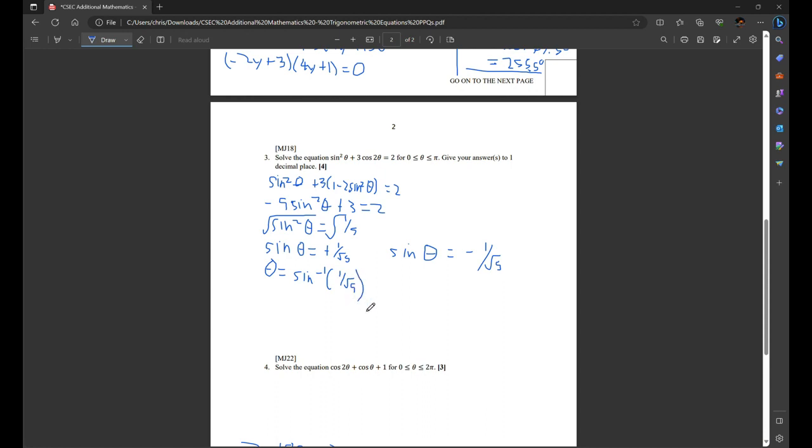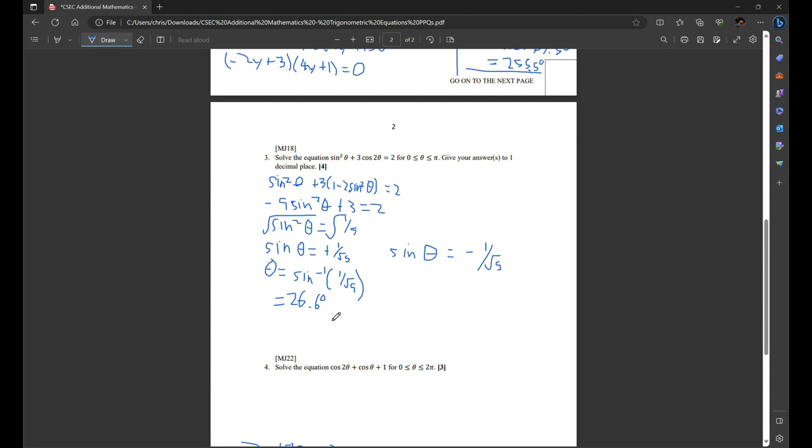We can just plug that straight into our calculator. And we get 26.6. So that is actually one of our solutions for theta.